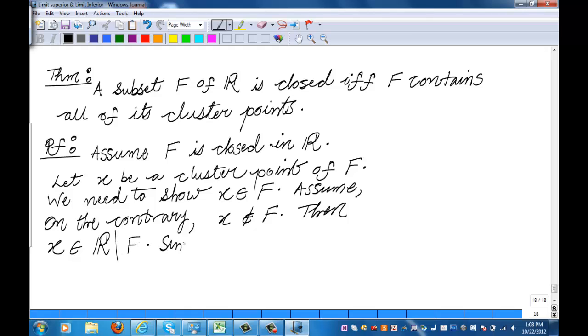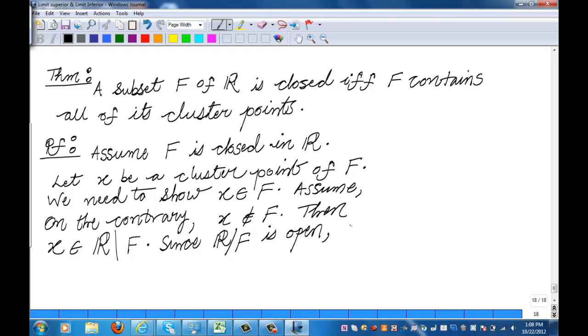But the complement of F is open. Since it is open, there is a neighborhood of X which is inside the complement as well.